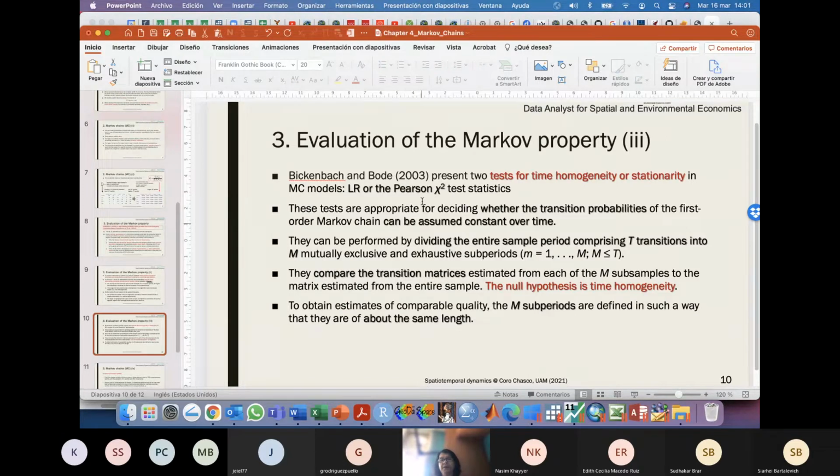These tests are appropriate for deciding whether the transition probabilities of the first order Markov chain can be assumed constant over time, so whether these transition probabilities hold for the whole period. So we think, for instance, for Chile, that we have a structural change in 1970. I don't know if you remember that we had that in the other slides for the mean averages.